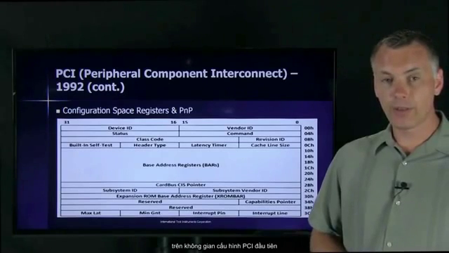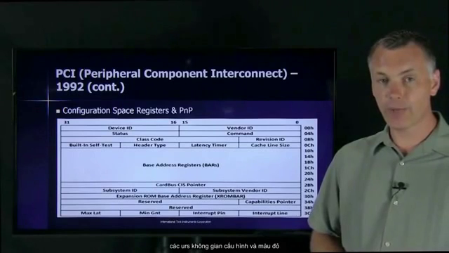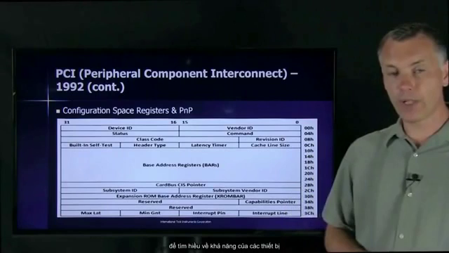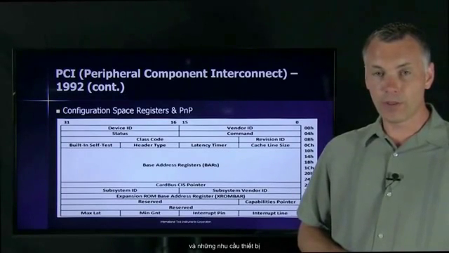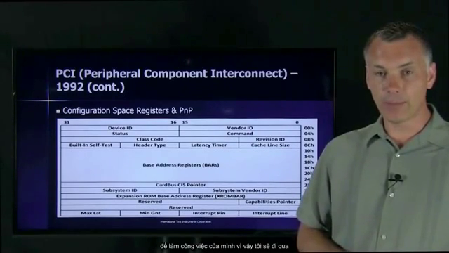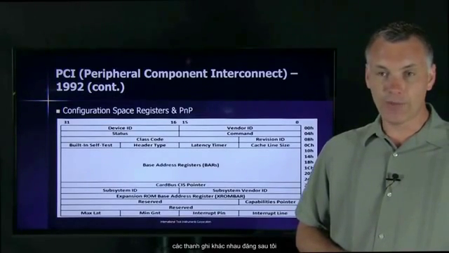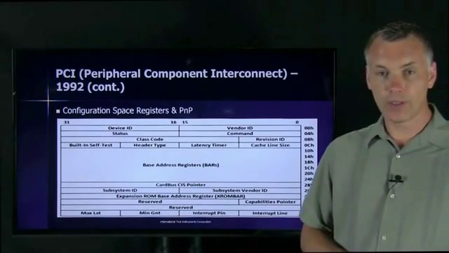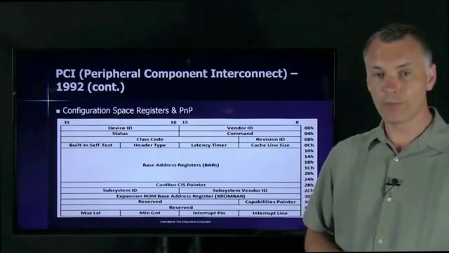The third address range on PCI is the configuration space. The configuration space registers are used by the operating system to learn about the capabilities of the device and what resources the device needs to do its work. So I'm going to go through the various registers behind me and give you an overview of what they are used for.